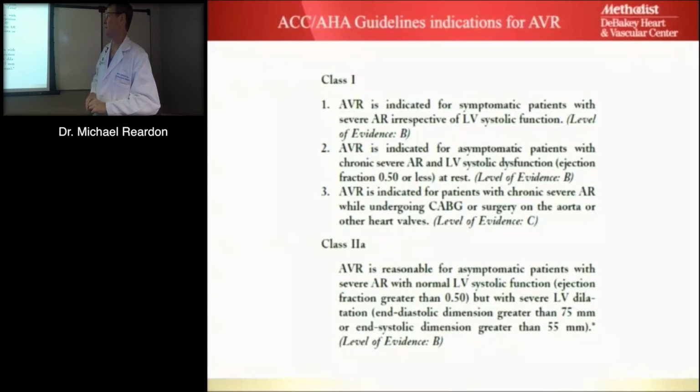So, when do you fix AI? Well, if it's severe and they have symptoms, you fix it. Symptoms is always the key to fix something. But a lot of the regurgitant lesions are asymptomatic, and so the other thing we want to see is, is the heart really keeping up with this? And we really judge on 2 things.